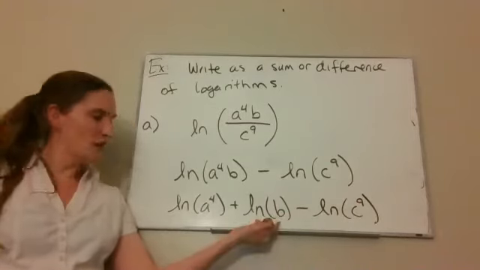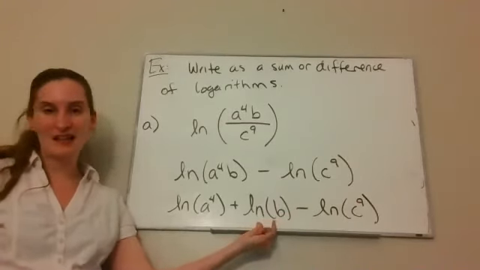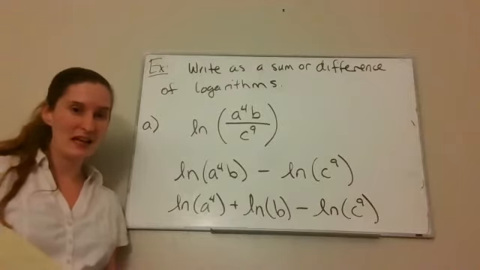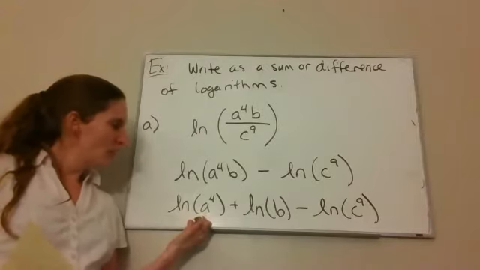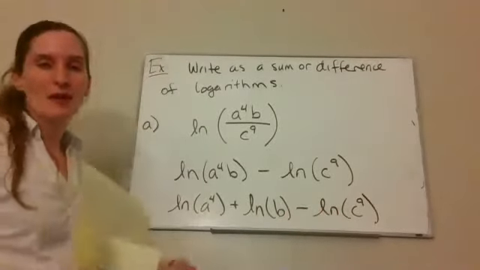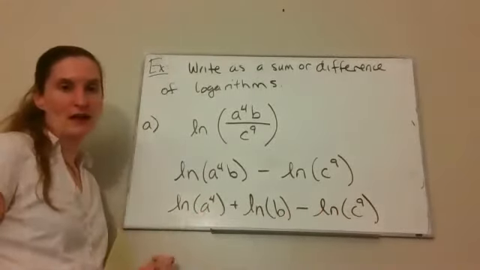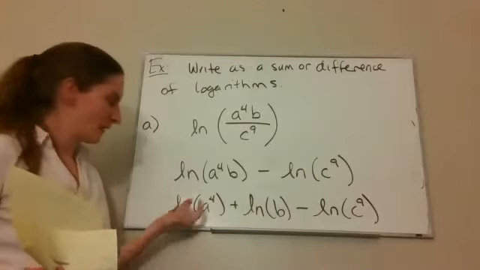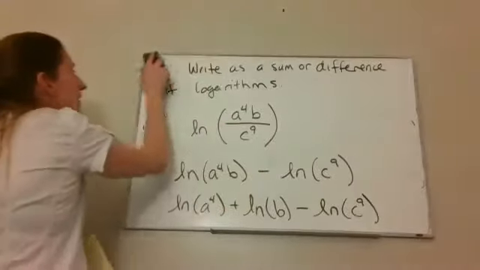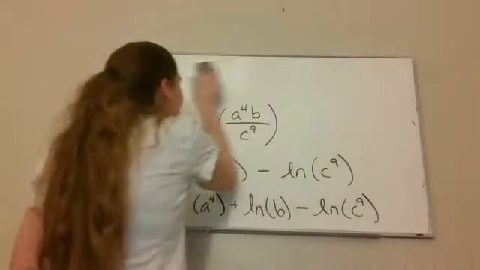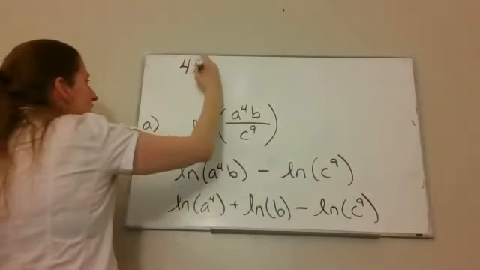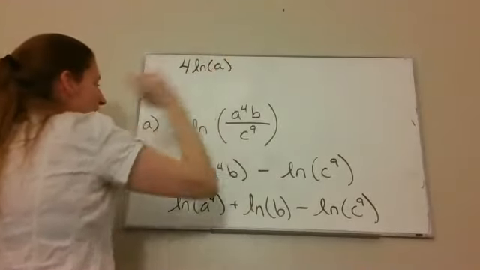Now this natural log of b here is as easy as it gets. I can't write it any other way. That's as simplified as I can get it. But this natural log of a to the 4th and natural log of c to the 9th, I can do more because I have a power on those two guys. That last property says the power can come down in the front and multiply. So when I do that, the 4 comes in front, and I get 4 natural log of a.